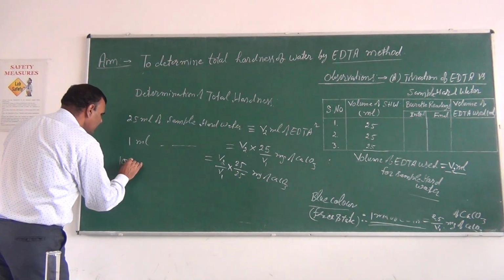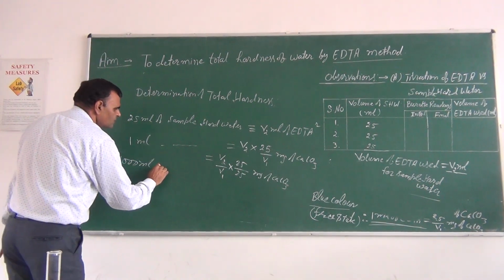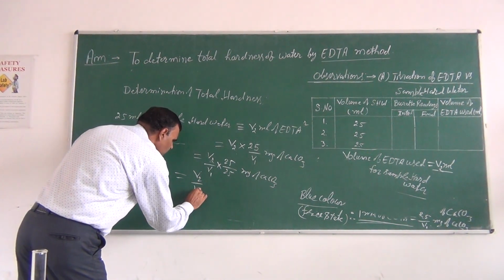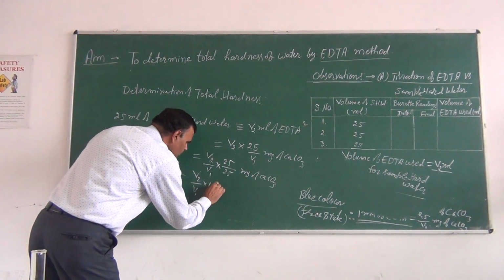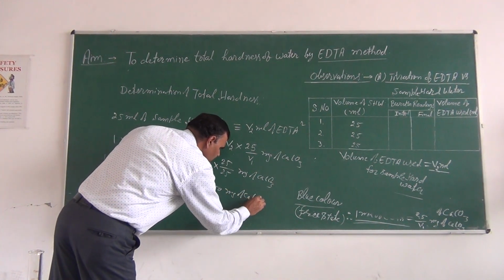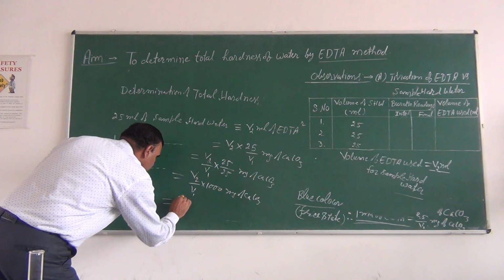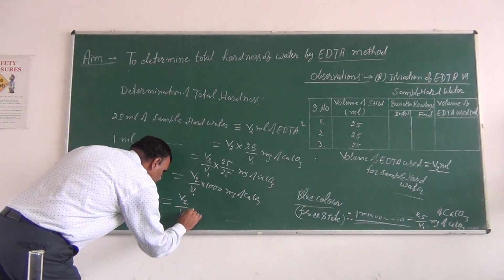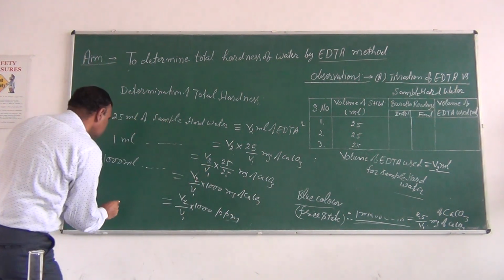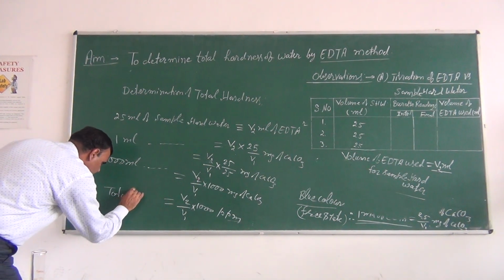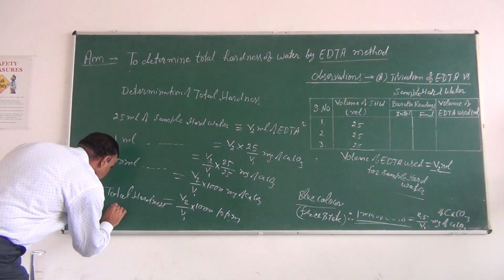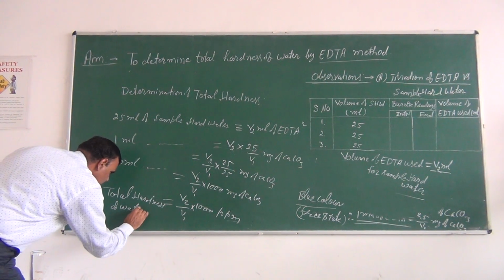And 1000 ml will be equivalent to V2 upon V1 into 1000 milligram of calcium carbonate, or we can call it V2 by V1 into 1000 ppm.